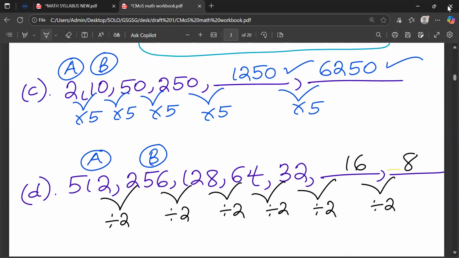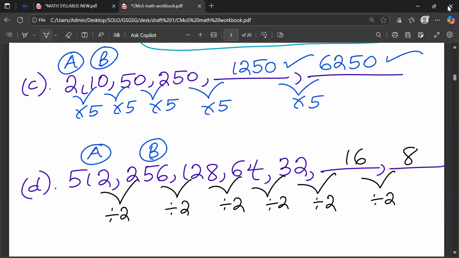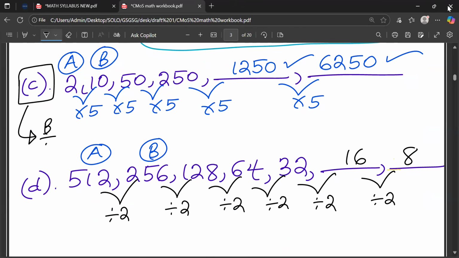Then I came there. Same thing. I want you people to realize that for strictly this part C, for me to come out with that 5, trust me, I got my B over A. Even when it was multiplication, I had to first get my 10 over 2 to get the 5.